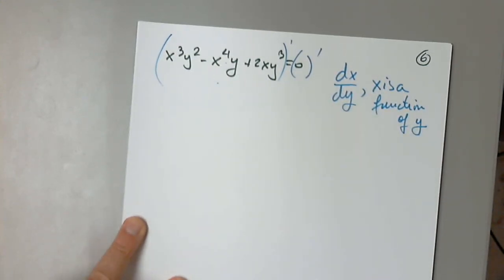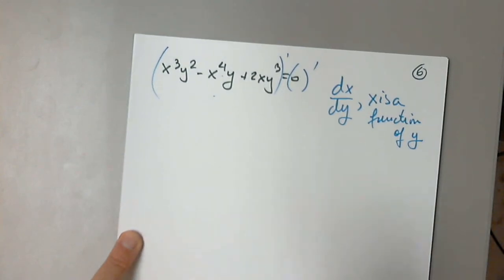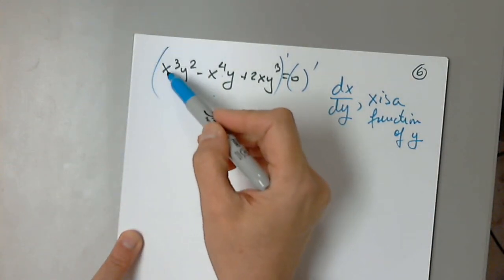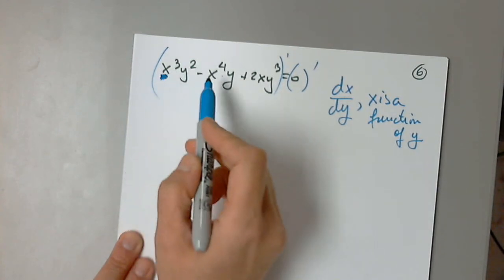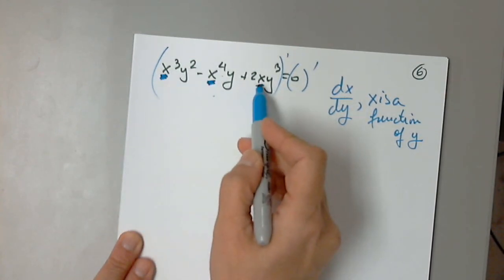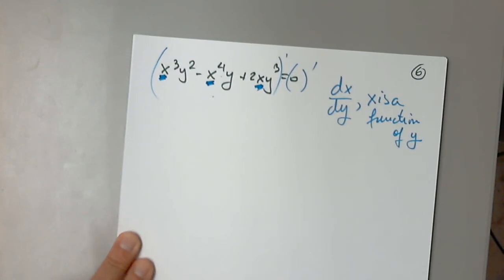Product. We have to apply the product rule 3 times. The first function prime, remember x is the function. This and this and this, these are the function x.